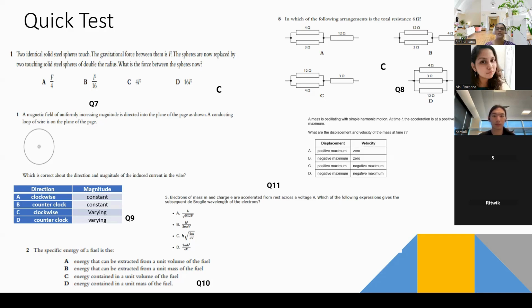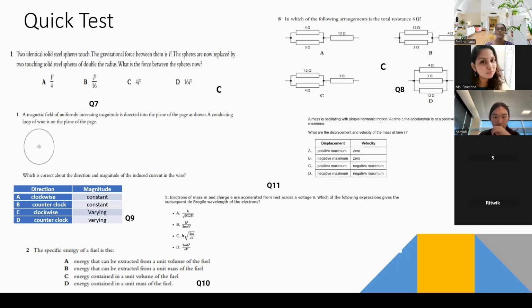Let's go to question 9. What is correct about the direction and magnitude of induced current? You have to use a proper rule. You have Fleming's left hand, right hand, you have right hand screw rule. Based on the rules in a given situation, what rule do you apply to get the direction of induced current?